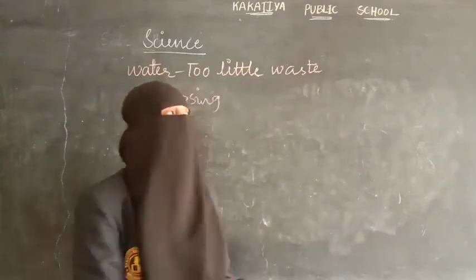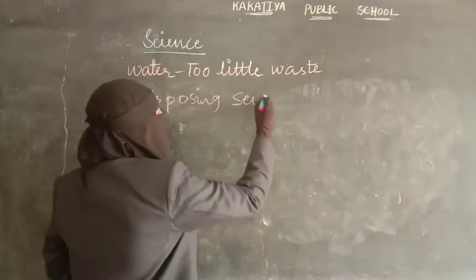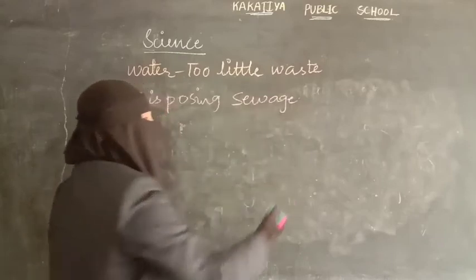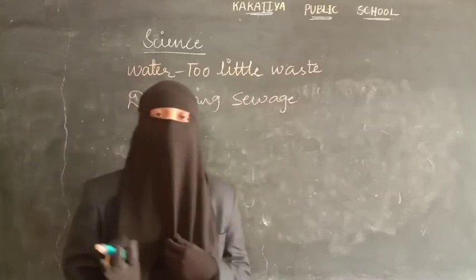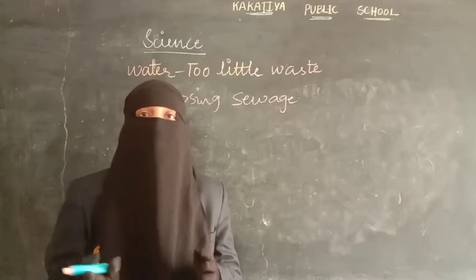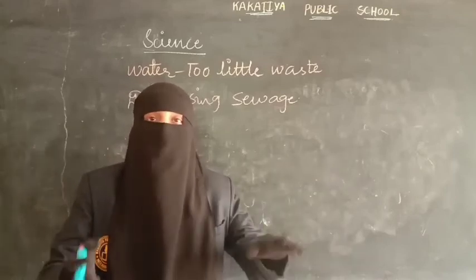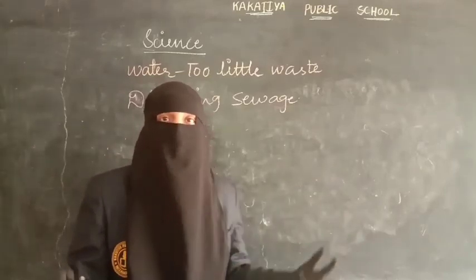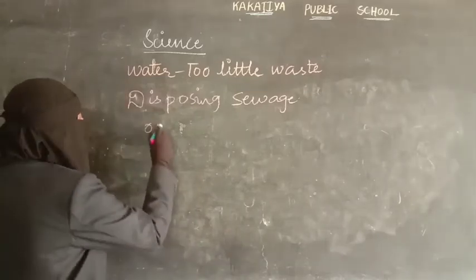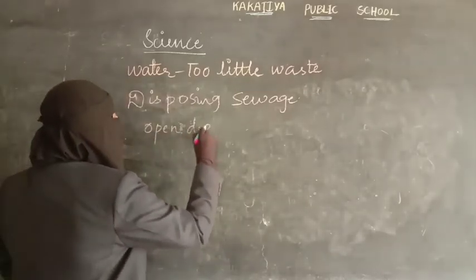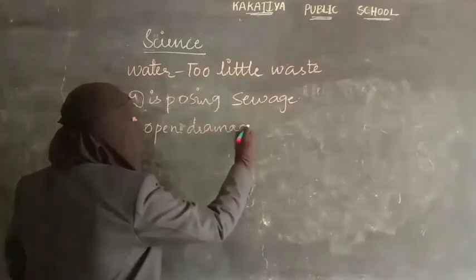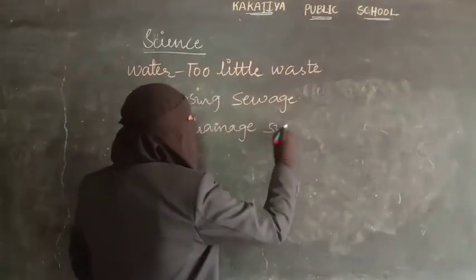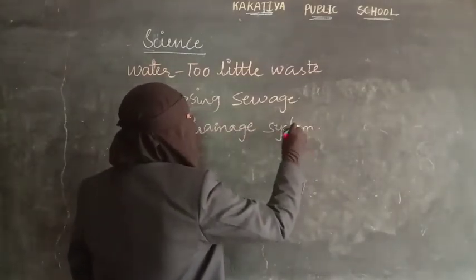In some villages we will observe that people release the waste sewage water from their houses into canals present at the sides of the streets. That type of system is called an open drainage system. Drainage means the dirty water, that is, sewage water.